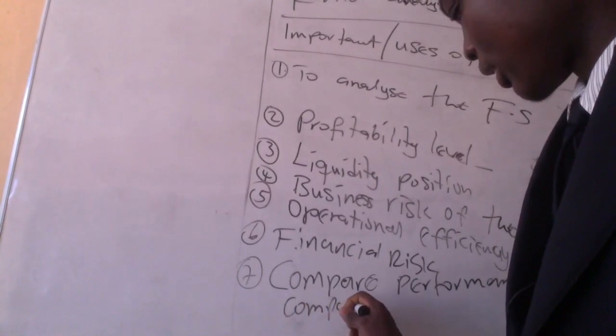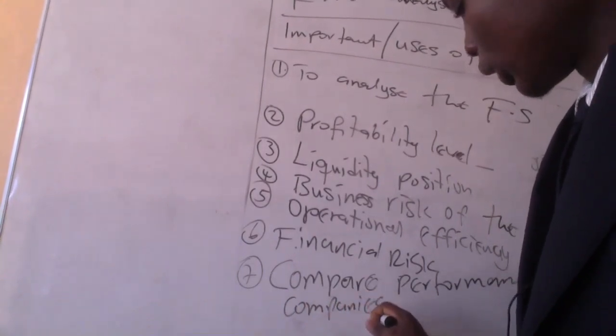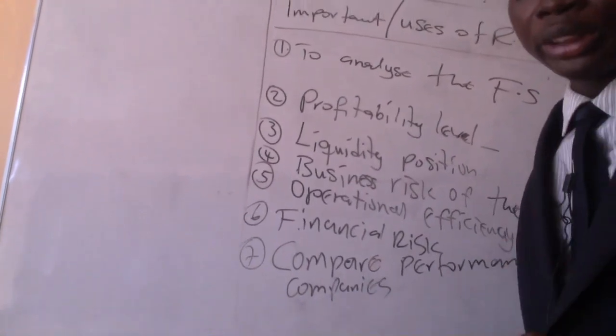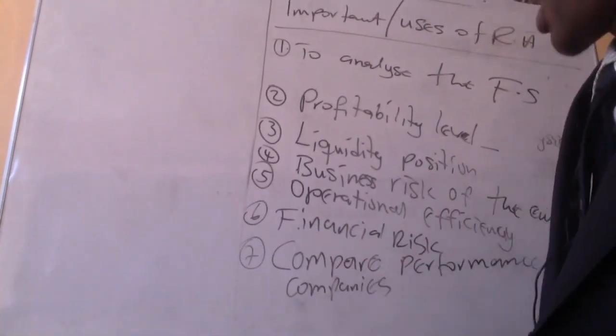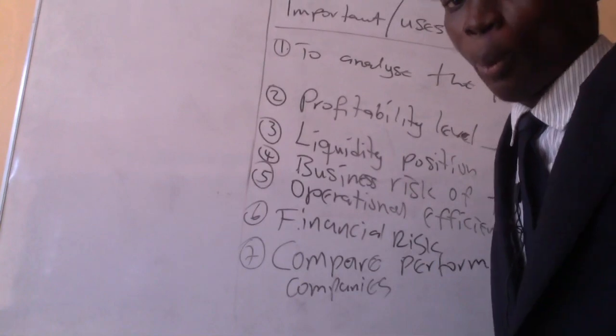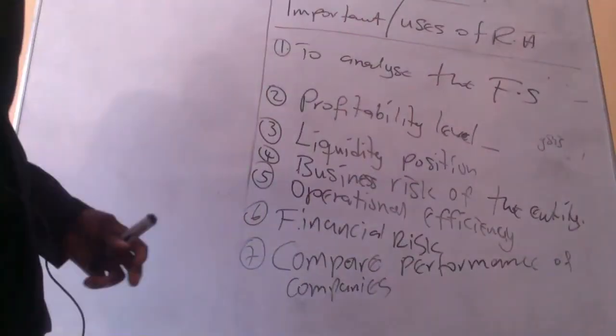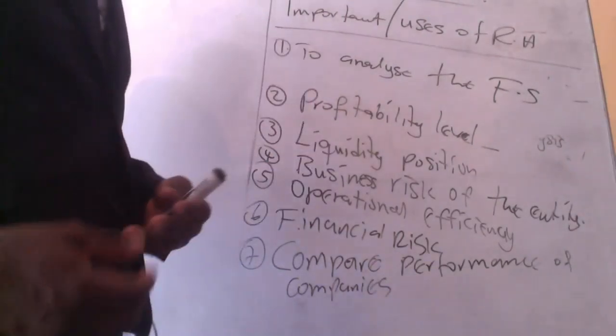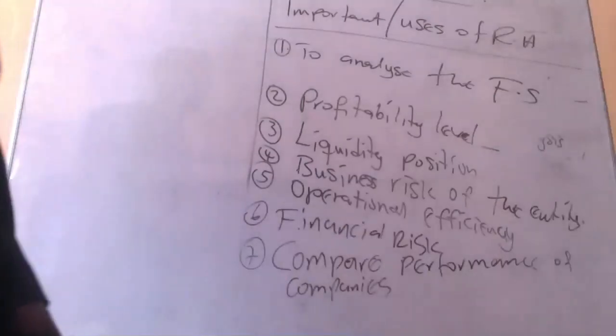So take note, irrespective of the size of companies, irrespective of what? The size. Whether you are 15 years or 30 years, once you can prepare financial statements for us, we pick them up and compare your performance for you.